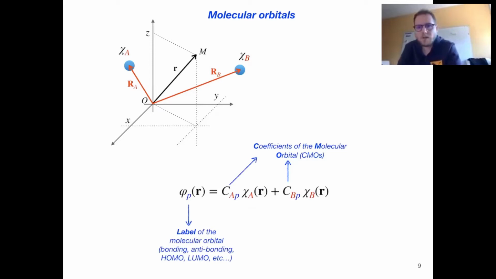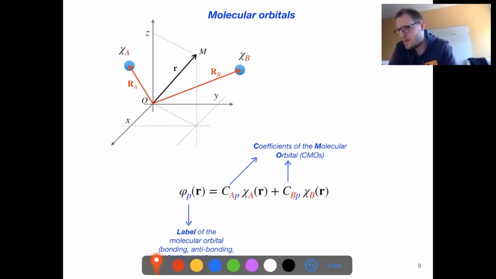So how does it work? In the simplest case, where you have two atomic orbitals, chi A and chi B, centered on each atom, you can construct a molecular orbital just by taking a linear combination of these atomic orbitals. I denote that phi p, where p is a label, so you have to label your different molecular orbitals. It could be a bonding, an anti-bonding, or it may refer to the HOMO or the LUMO, so you're familiar with that when you solve, for example, the Hartree-Fock equations.